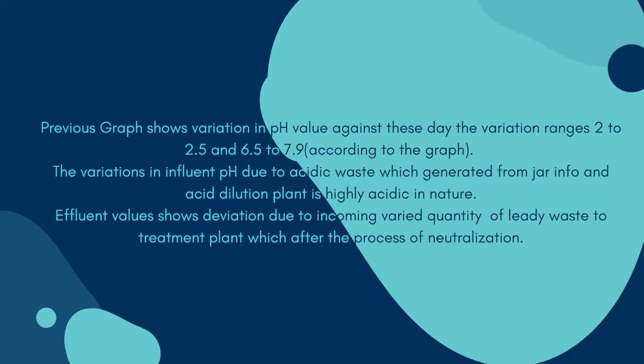The variation ranges 2 to 2.5 and 6.5 to 7.9. The variation in influent pH is due to acidic waste generated from jar formation and the acid dilution plant, which is highly acidic in nature. The effluent values show deviation due to incoming varied quantity of leady waste to the treatment plant, which after the process of neutralization.